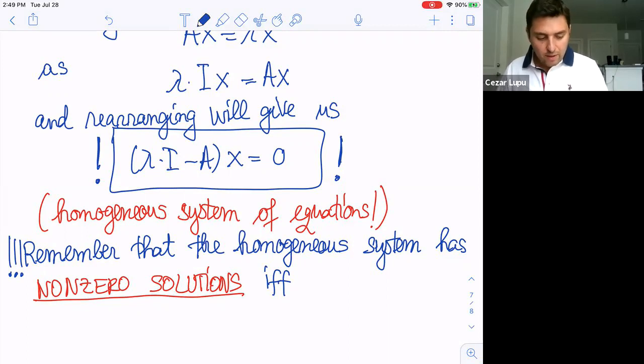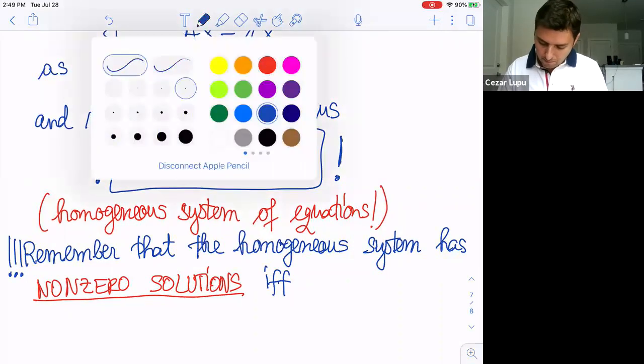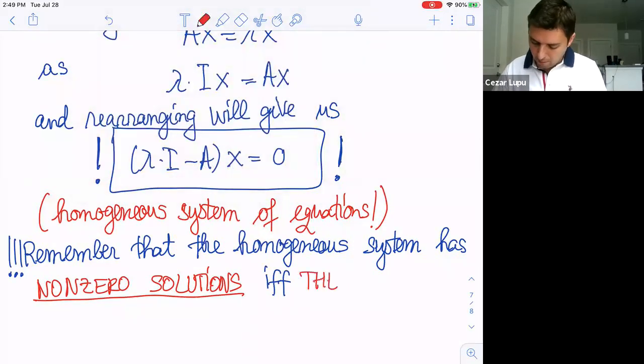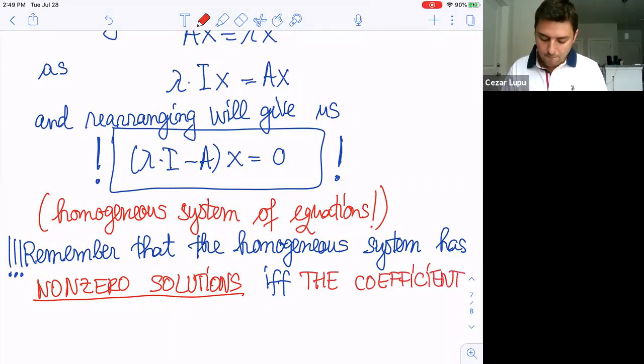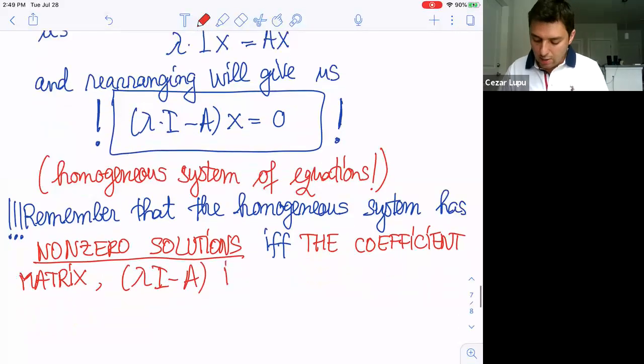If and only if the coefficient matrix lambda I minus A is not invertible.